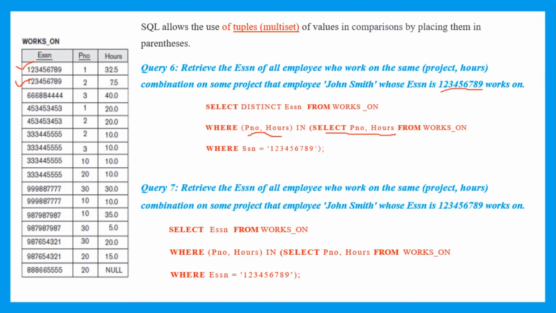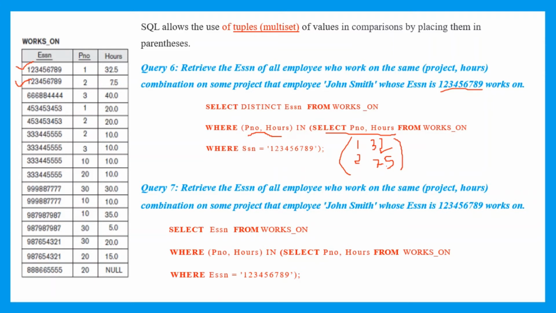The project number is 1, and hours is 32.5. Project number 2, and hours is 7.5. This is the result of the innermost query. Now this innermost query result has to be checked by the outermost query.